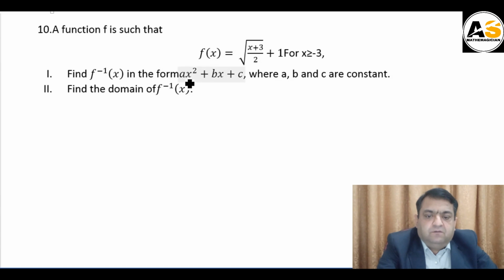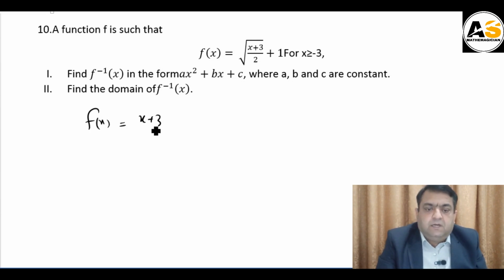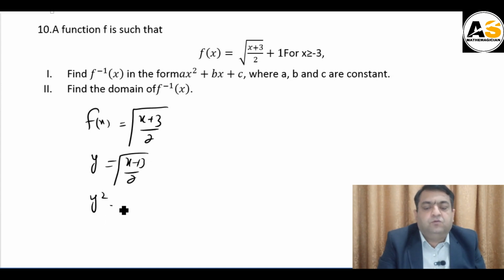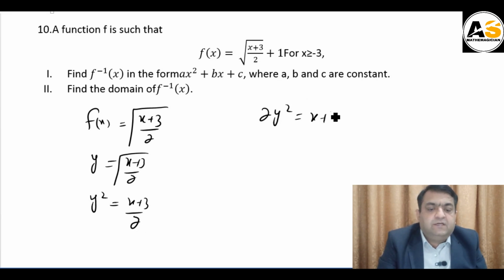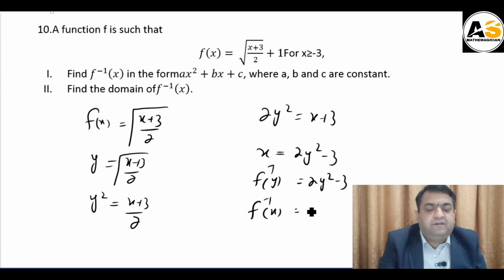If a function is defined, we have to find its inverse, write it into this form, and then find the domain of the function's inverse. f of x is given as √((x + 3)/2). y = √((x + 3)/2). y² = (x + 3)/2. 2y² = x + 3. x = 2y² - 3. f inverse of y is equal to 2y² - 3. f inverse of x is equal to 2x² - 3.